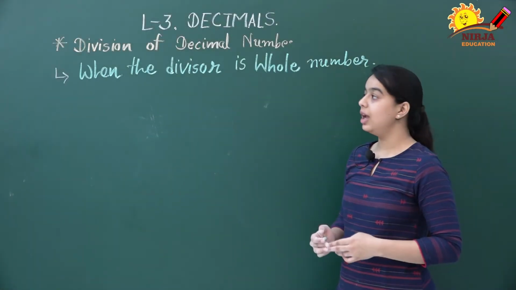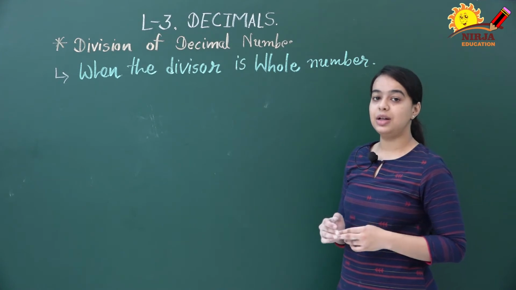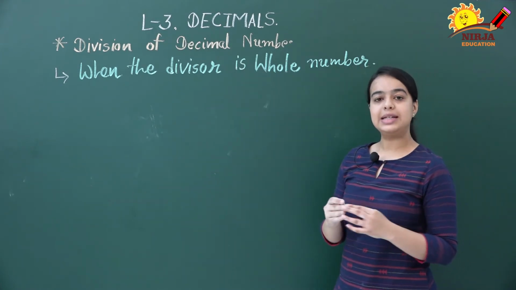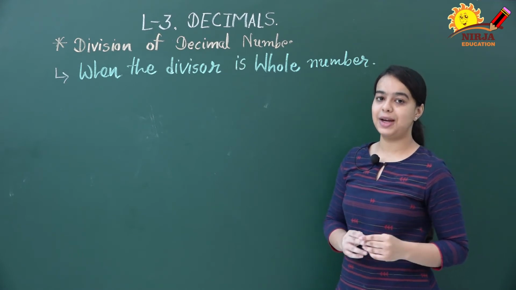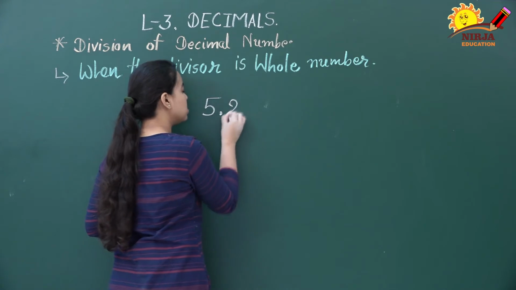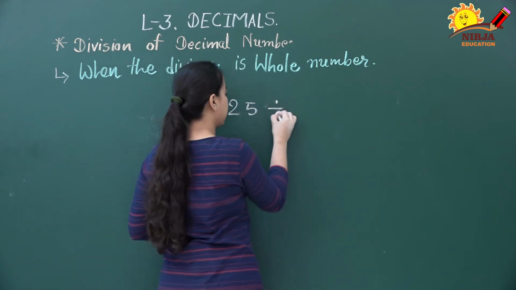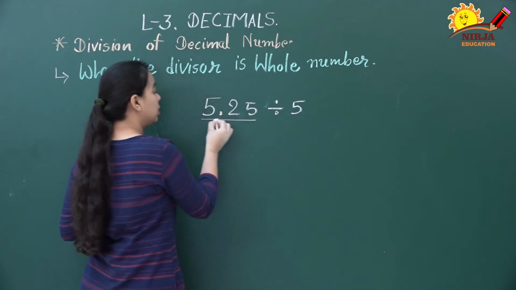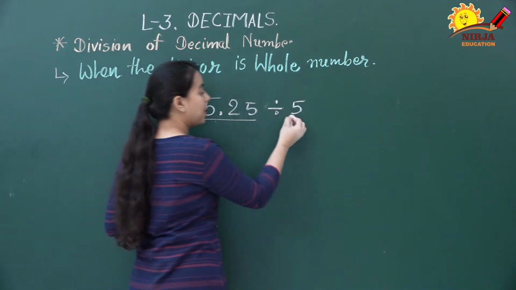Now let's see how to divide a decimal if the divisor is a whole number. Let's understand this by one simple example. I am writing 5.25 divided by 5. As you can see, here we want to divide a decimal number by a whole number.